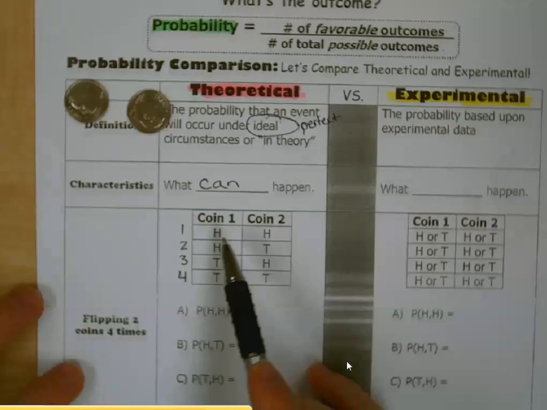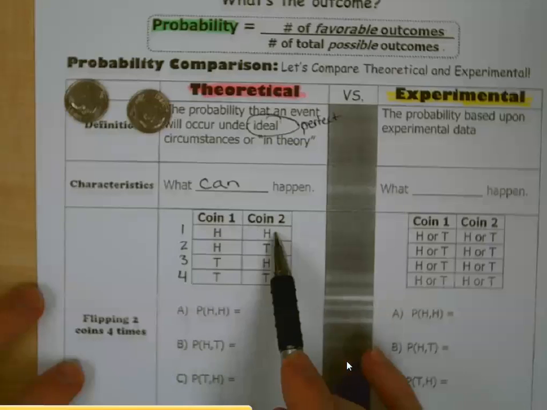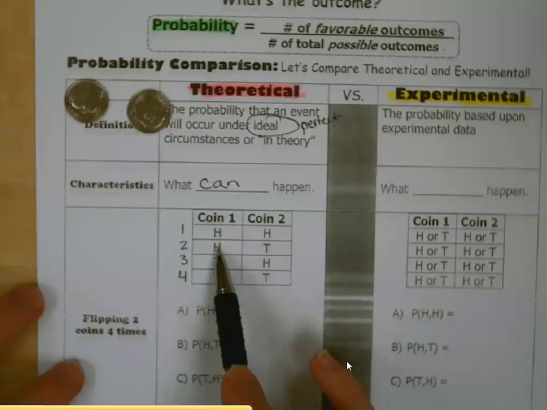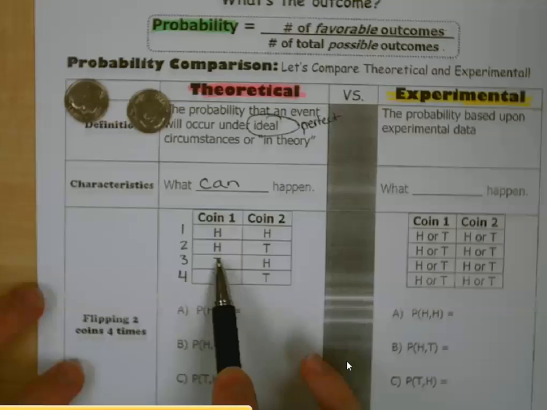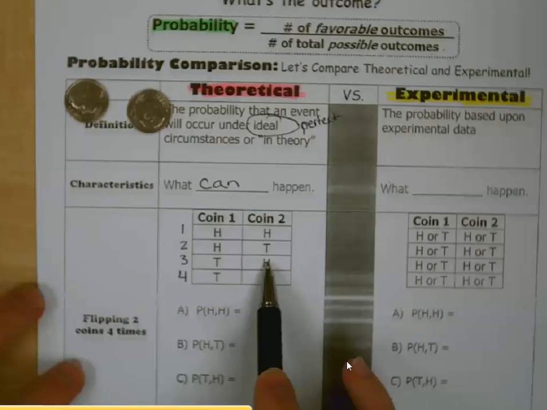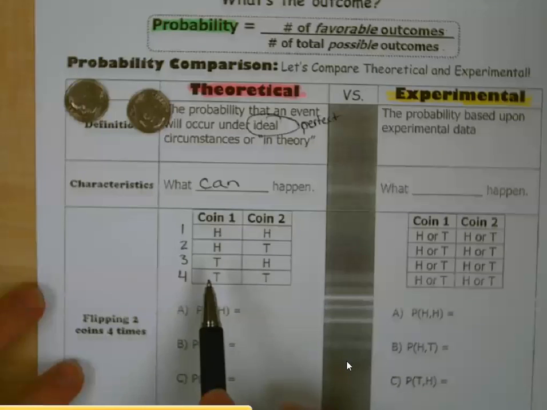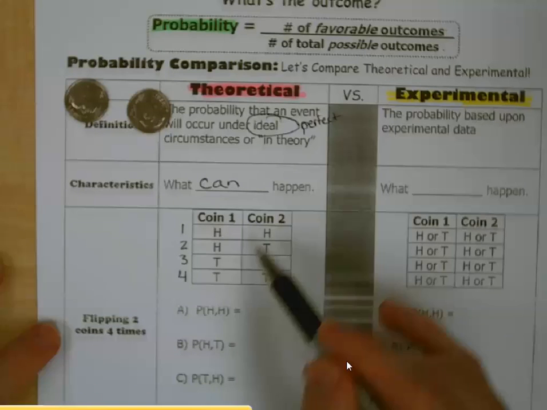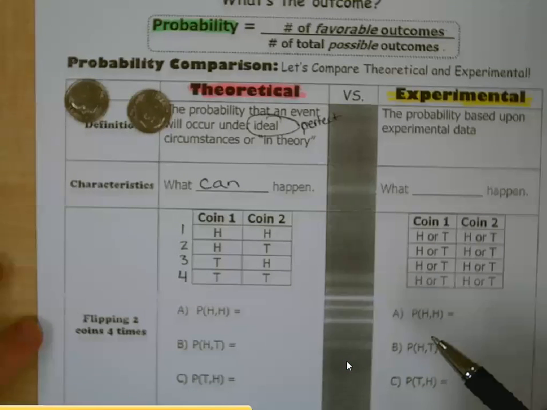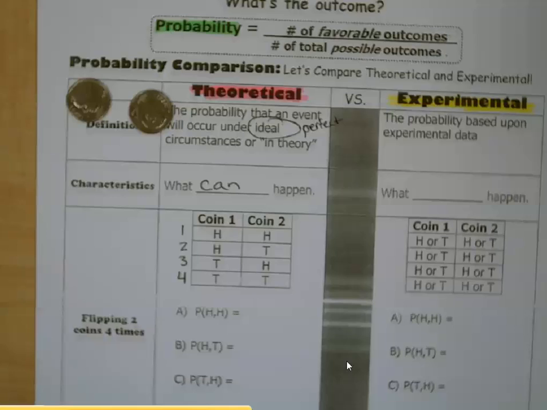They could both land heads. The first one could land heads and the second one could land tails. The first one could land tails and the second one could land heads. Or finally, they could both land tails. No matter how many times you flip a coin, you will never get something that's not on this list. Okay? This is every combination that you could possibly get.